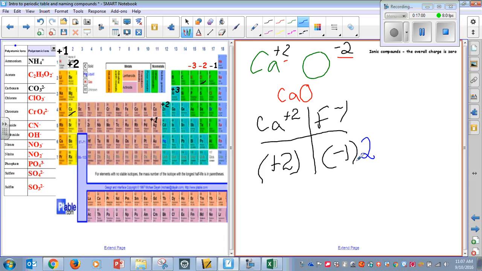If I multiply -1 times 2, that equals -2. So I would have a +2 charge, a -2 charge, and my charges will equal. And the way we show that is by giving fluorine a subscript of 2. So now I have CaF2. And that is my chemical formula.